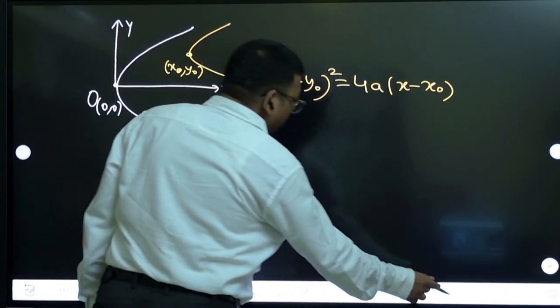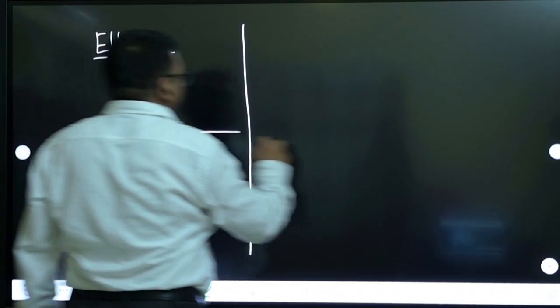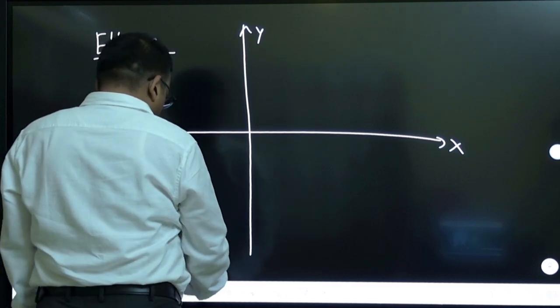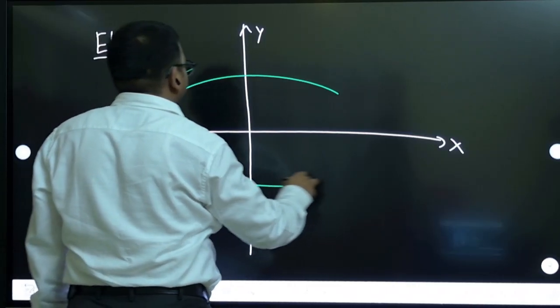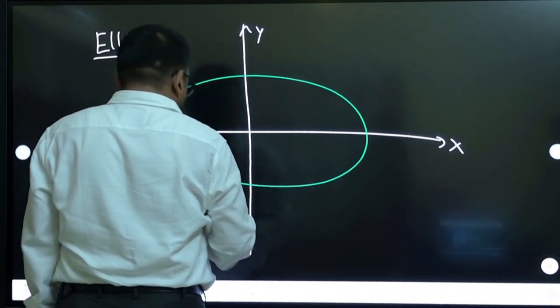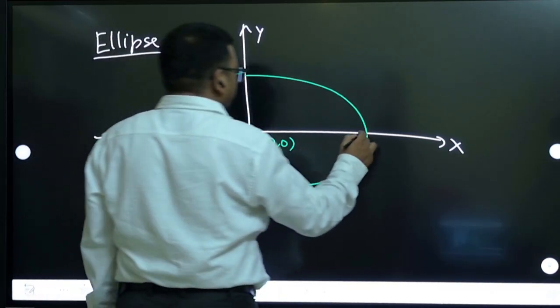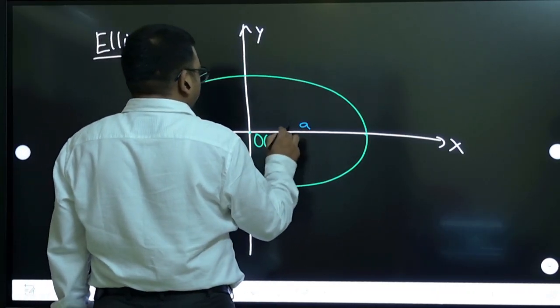What about the other curves? Let us take ellipse and hyperbola. These two are important. What is an ellipse? An ellipse is a curve, with x-axis and y-axis, and this curve is an oval shaped curve like this, and this point is the origin 0, 0. Standard form we are taking. This distance here to here is a.